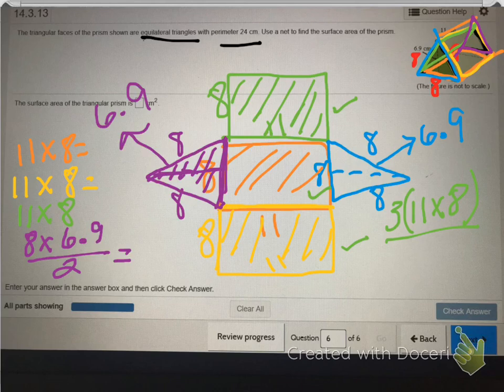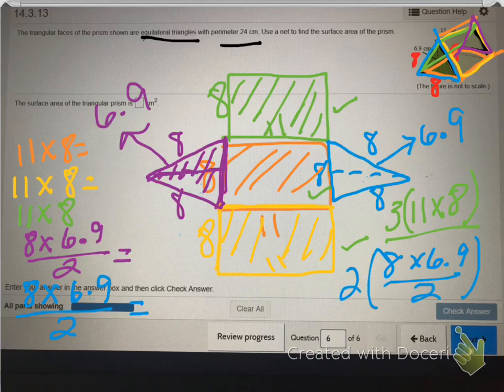It's also 8 times 6.9 divided by 2. So the blue and the purple triangle are equivalent as well. So I could have just figured out the area of the blue triangle and then multiplied that by 2. So I could have said 8 times 6.9 divided by 2 multiplied by 2.